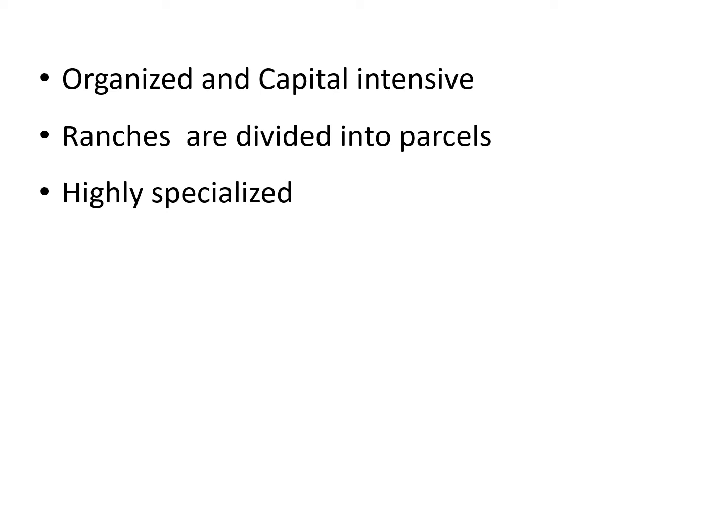Only one type of animal is kept, like sheep, cattle, horses, goats, etc. It is industry and market oriented because products like meat, wool, milk, and leather are processed and packed scientifically and then exported.